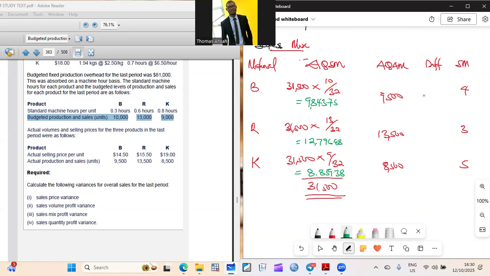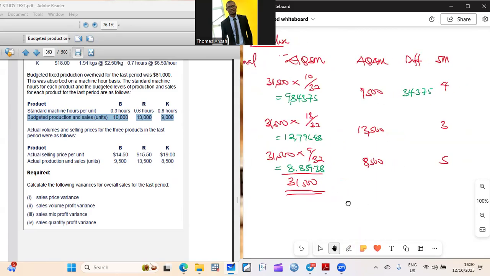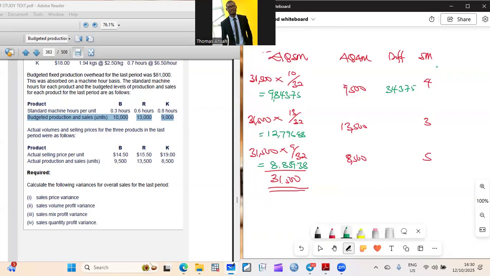If you strike the difference on this one, I think you have 343.75, right? Then multiply it by the four straight away to get the variance. It's 1,375. It's straight. So that is adverse.